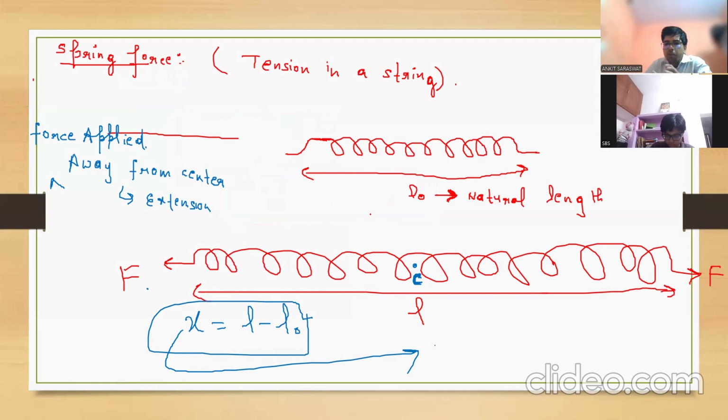So remember, when you are applying a force, this force is directly proportional to displacement, and it is equal to the spring force only when x is not very high. Under certain conditions, F is proportional to x, F is equal to kx. X should not be very high. Otherwise, we can't say that.